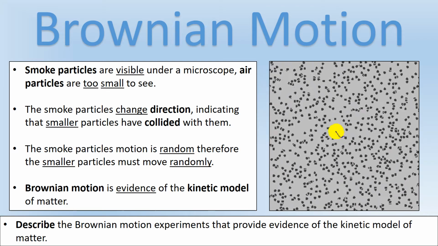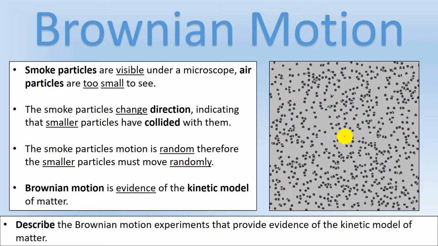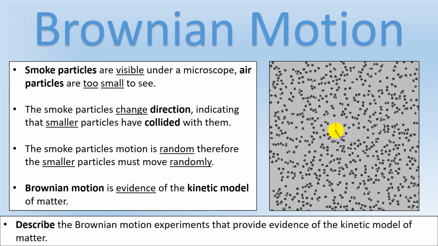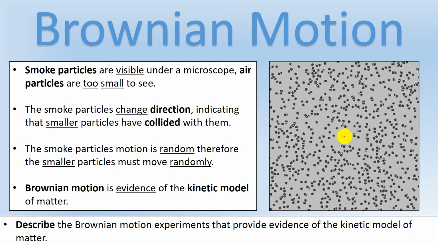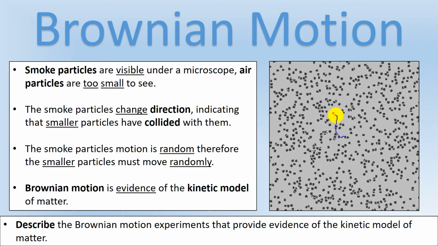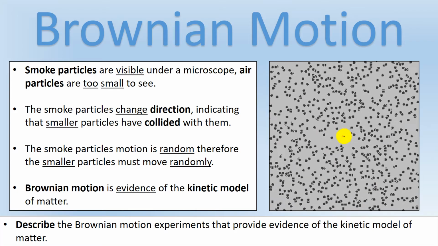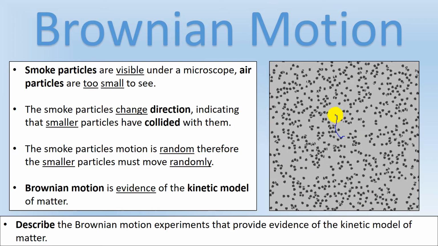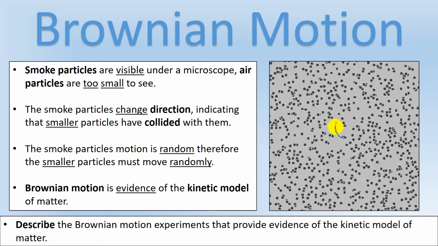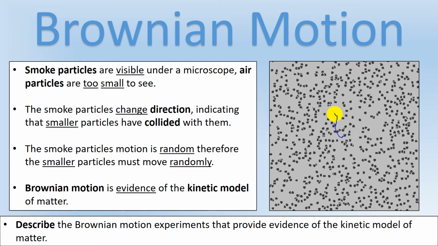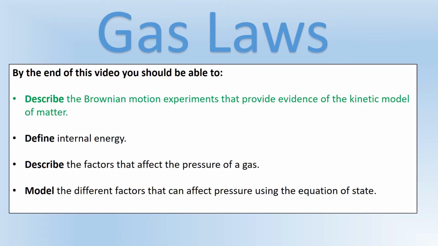So when we describe the motion of gases as random, this is our evidence for that, and it's the same with the liquid as well. This behavior is known as Brownian motion, named after the scientist who did this experiment, whose surname was Brown, and it's our actual evidence for the atomic model or the kinetic model of matter. So that's the Brownian motion experiment.